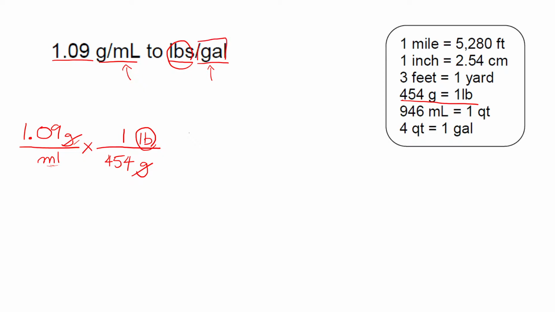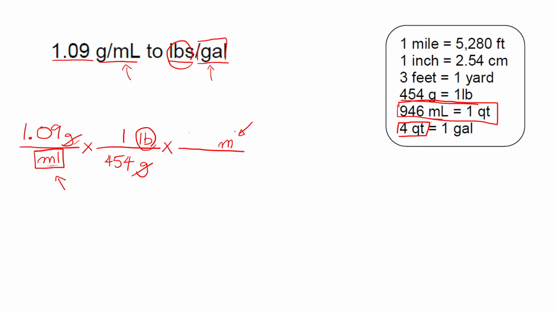But what about gallons? How do we get it to gallons? Right here, we're in milliliters, and we want to go from milliliters to gallons. It looks like we got to go from milliliters to quarts to gallons. So let's first convert from milliliters to quarts. Look at this little conversion factor over here. Because milliliters is on the bottom, to cancel that out, we're going to need to put milliliters up here.